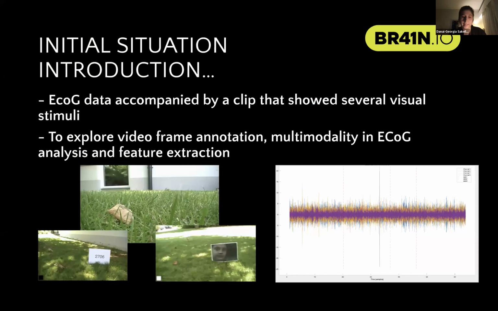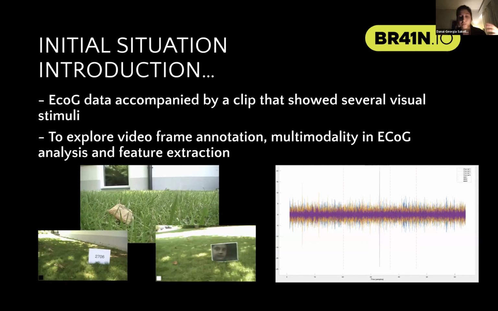And by multimodality, I mean video frames that actually exposed the person with the headset, or the person whose ECoG data we were receiving, to visual stimuli, and got the visual responses from the stimuli that he was exposed to.